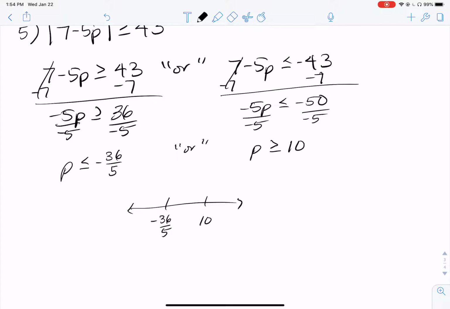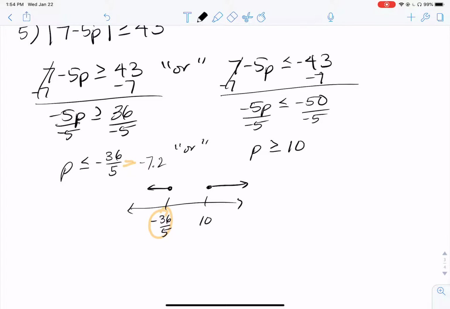All right, in decimal notation, that would be negative 7.2, if you want to write it as a decimal. But regardless, that number is going to be less, because it's negative, than 10. And again, because it's an OR inequality, the endpoints should have arrows pointing away from each other.